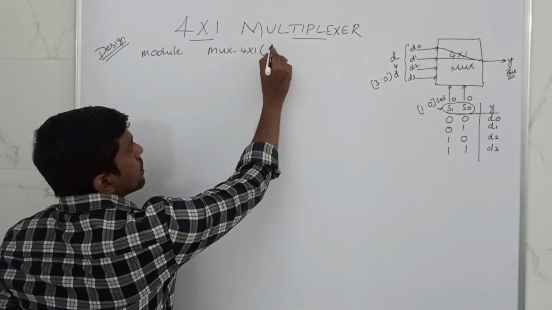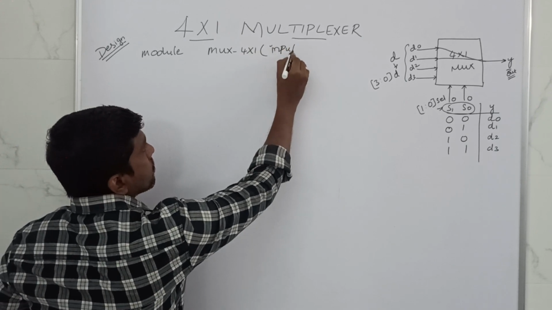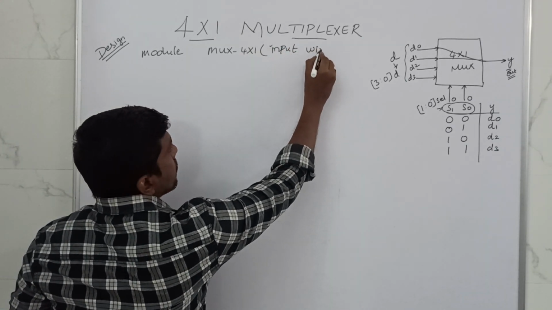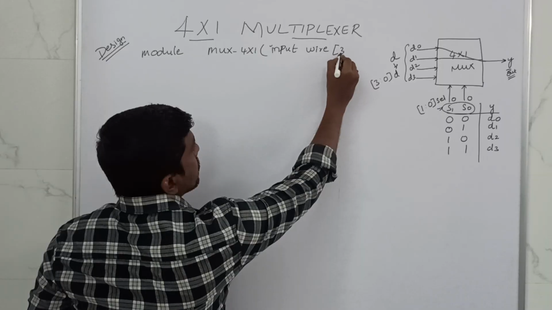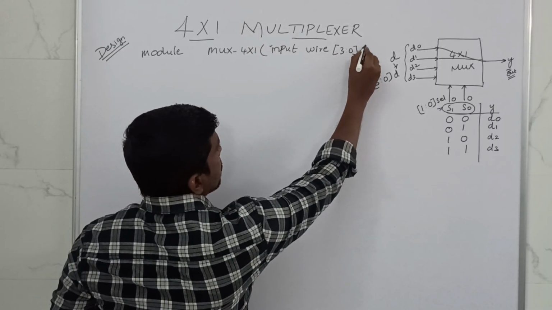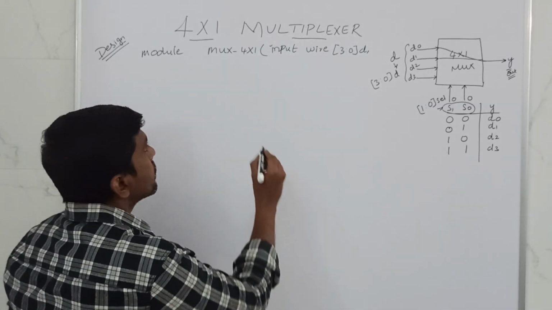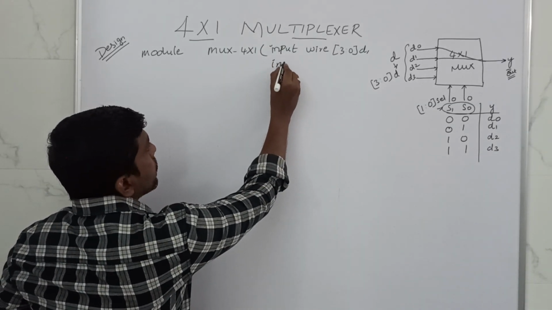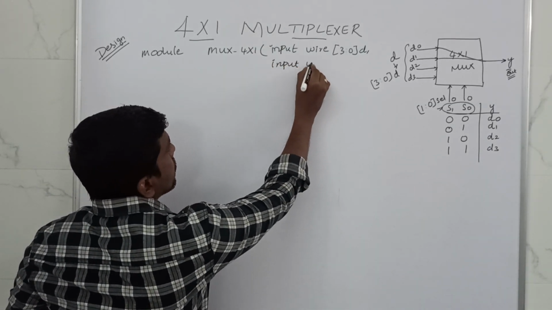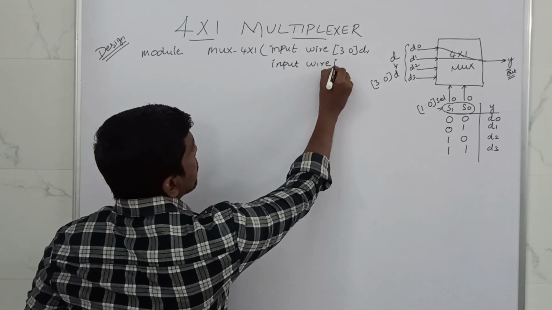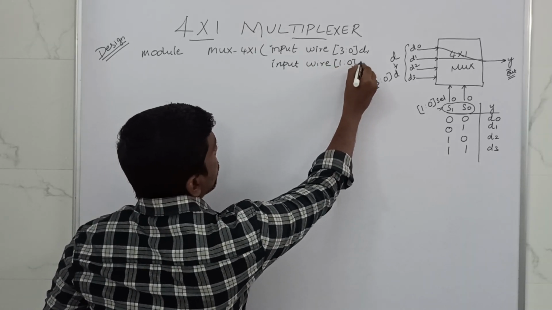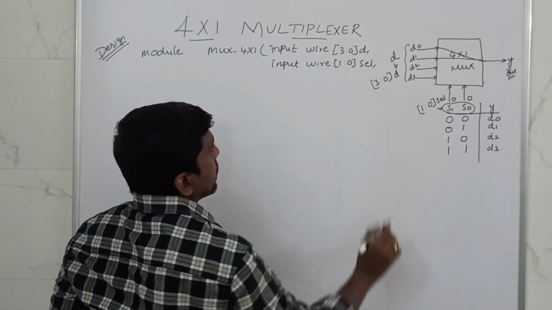So input wire [3:0] D. Then another input is the selection line, input wire [1:0] selection line.